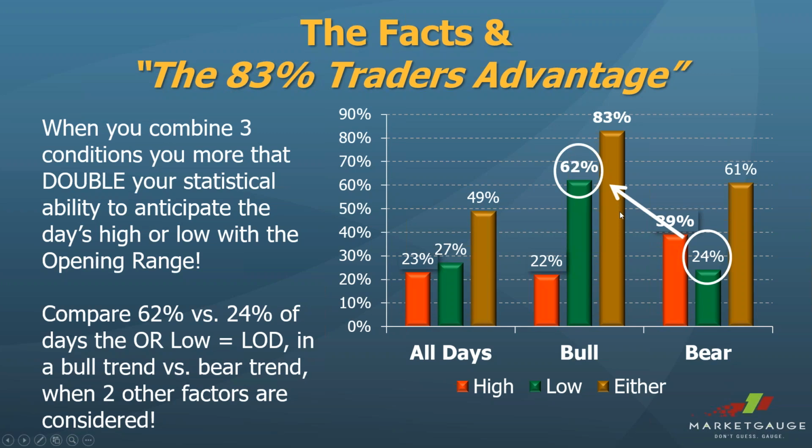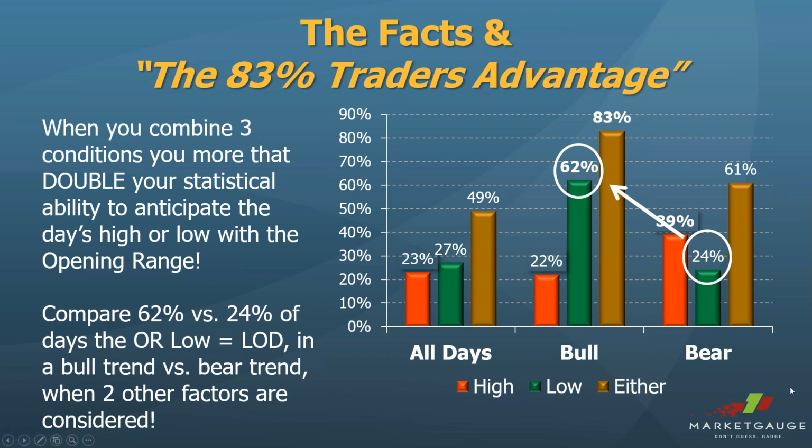And the opposite is true if you look at the highs. All right. So if you're in a bear trend, 39% of the time, the high will be set in the first 30 minutes. If you're in a bull trend, only 22% of the time. All right. So the opening range is one powerful factor, which 50% of the time, the high or the low will be determined in that first half hour.